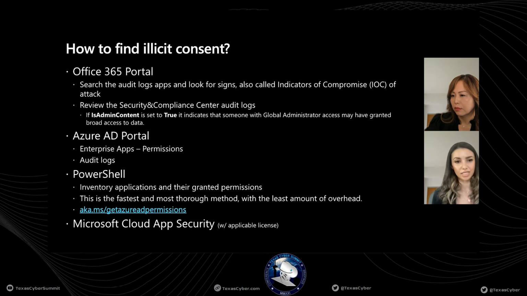Just like I did a few minutes ago, looking at the Enterprise Blade, selecting the application in question and looking at the permissions that are assigned to it. But depending on the number of applications, that may not be a feasible thing to do. So if we're going from good, better, best, PowerShell would be the better option.